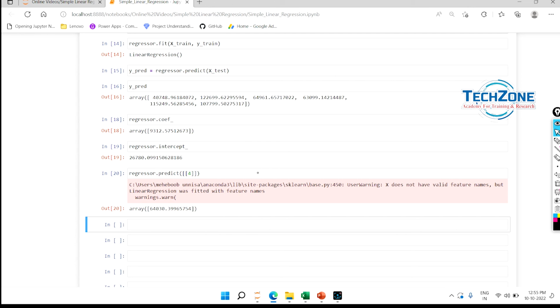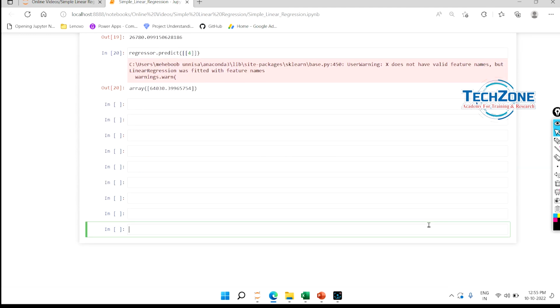Now we'll go ahead and find root mean squared error. We can also find mean squared error, but we'll find root mean squared error. Remember, root mean squared error should be small. For that we need to import a few libraries. Let us import math first.